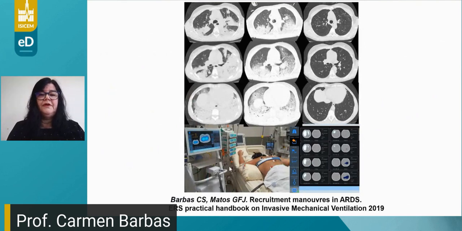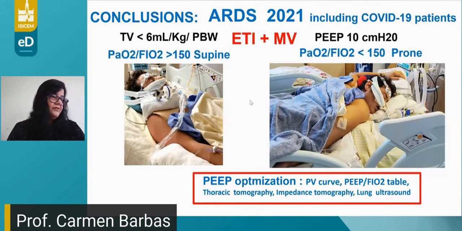Our group uses the lung impedance tomography, and we have to do more studies to see if titrating in more detail the PEEP and the tidal volume can improve the survival of ARDS patients.